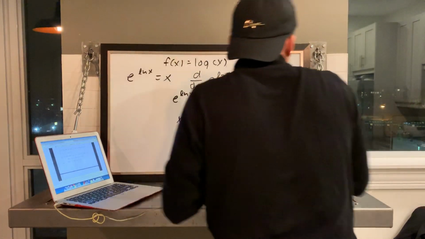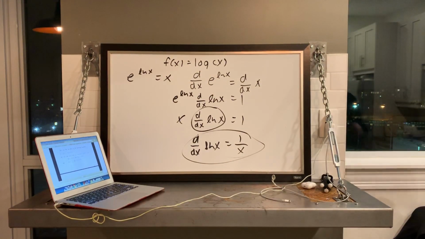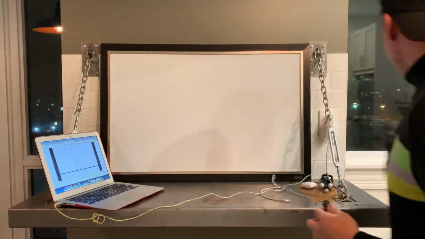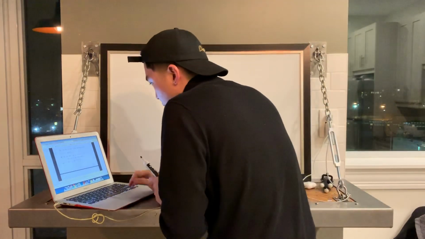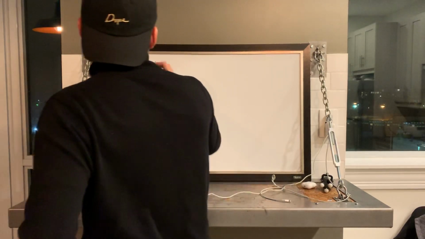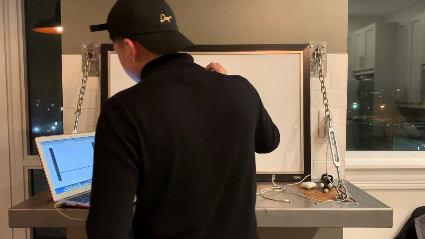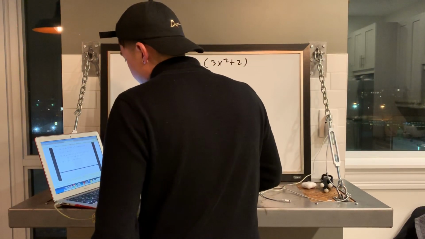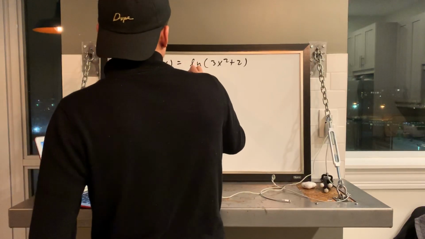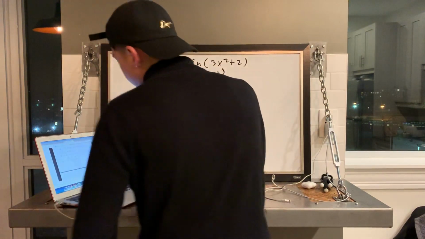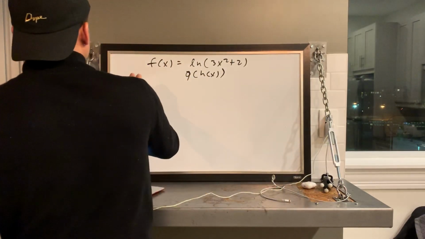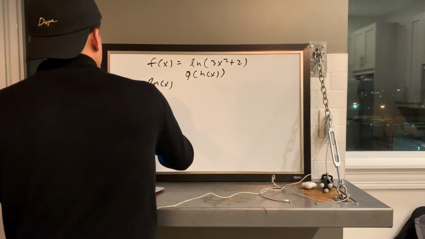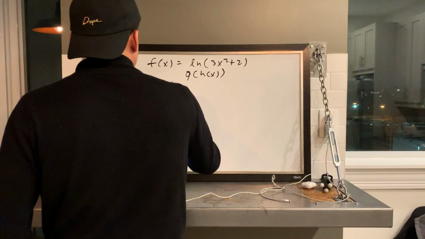Now, let's do some examples, because it wouldn't be fun if we didn't do examples. If I have f of x equals ln of 3x squared plus 2, then pretend it's like g of h of x. In fact, g of x would equal ln x, and h of x equals 3x squared plus 2.